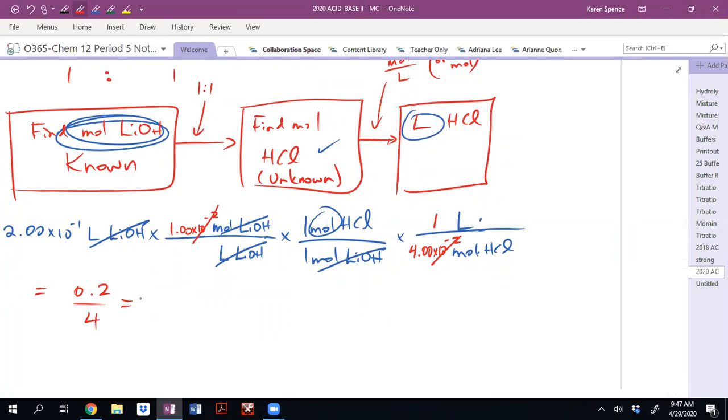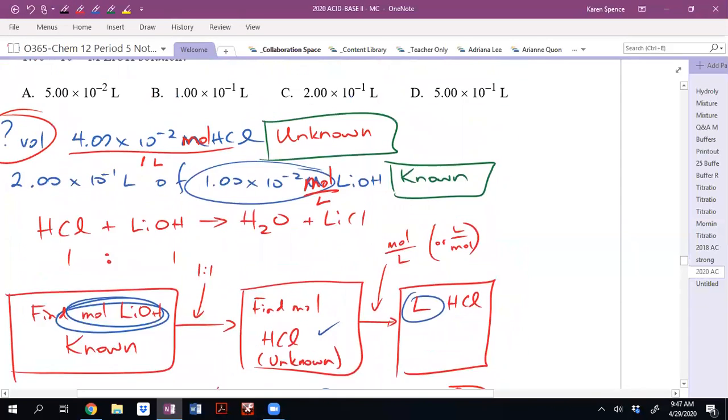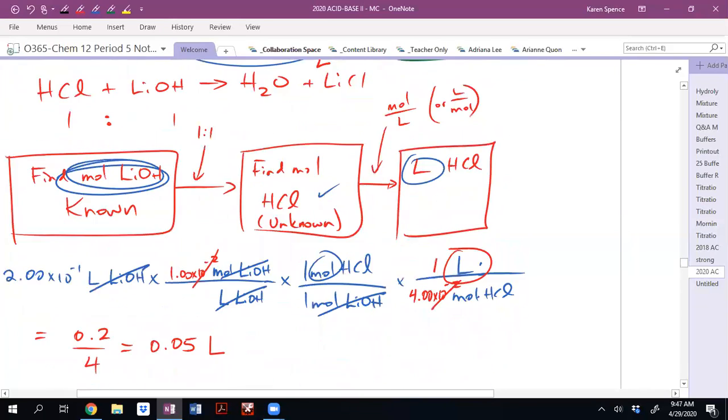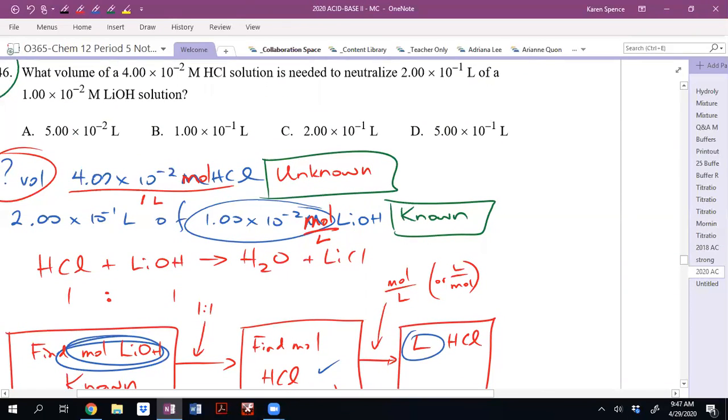Divide by 4 equals, there we go, 0.05. And our unit is liters. So let's scroll on up here and see, do we have 0.05 liters? Yes, we do. That would be answer A.